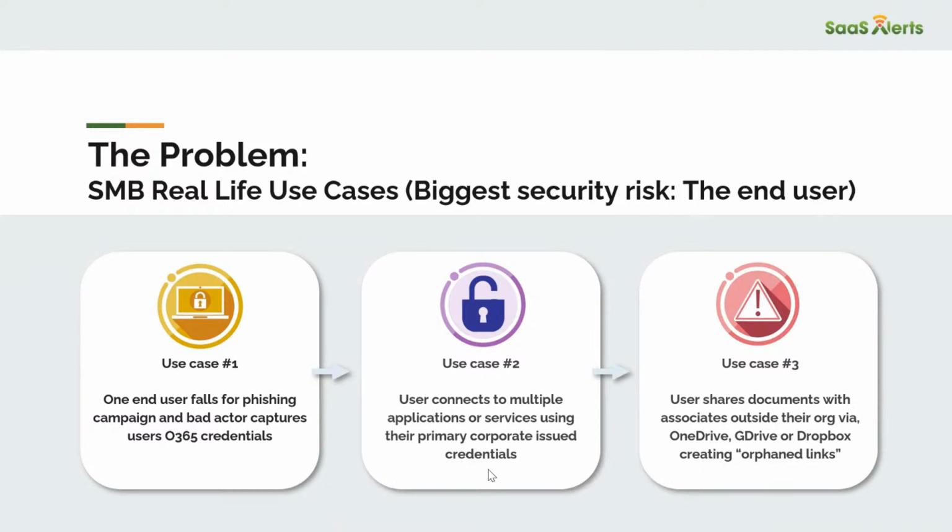The project's over, but the link still exists. No one terminates these links. No one configures it right to terminate. So what SaaS Alerts does is alert the MSP: hey, there's an orphan link out there, it's been dormant for more than 30 days. Work with the customer to terminate that.